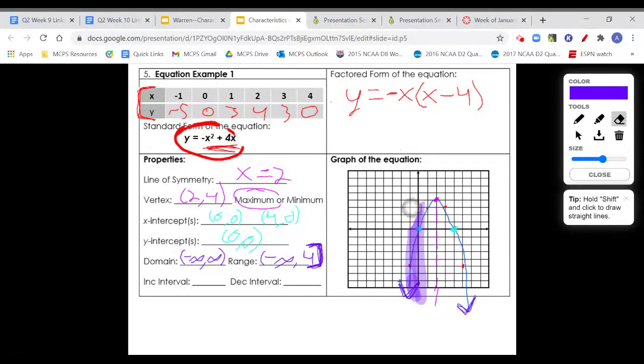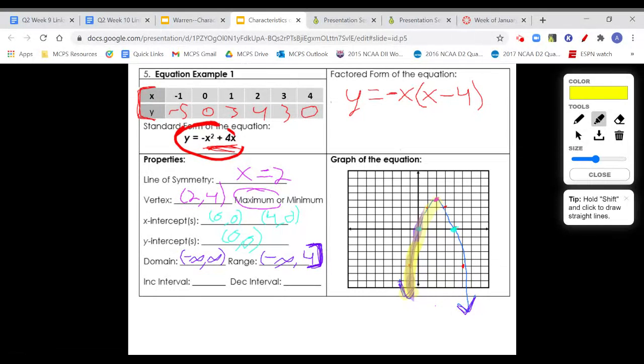At this point, I've really made this graph sloppy, so I apologize. I'll try to erase some of this unnecessary information. And we are going to talk about the increasing and decreasing interval. Again, I just like to start from the far left and see what is happening. So at the furthest left point down here, if I start tracing my graph, I'm increasing, increasing, increasing.